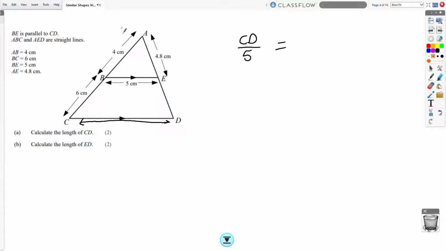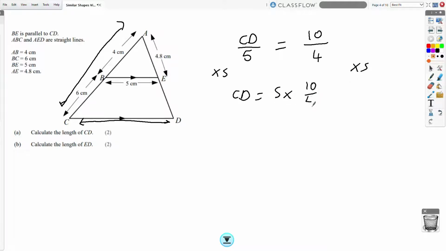The bigger length on this side is 4 plus 6, which is 10, and the smaller length on the triangle is 4, not 6. To work out CD, we just need to times by 5 to get rid of the denominator. It's 5 times 10 over 4, 50/4, 25/2, so that's 12.5 centimeters.